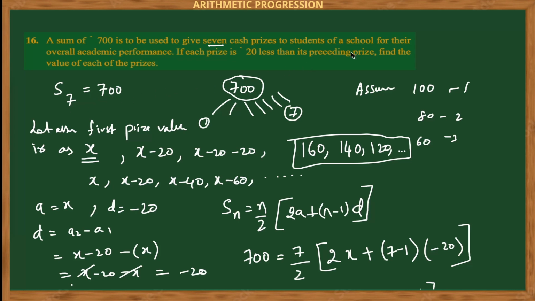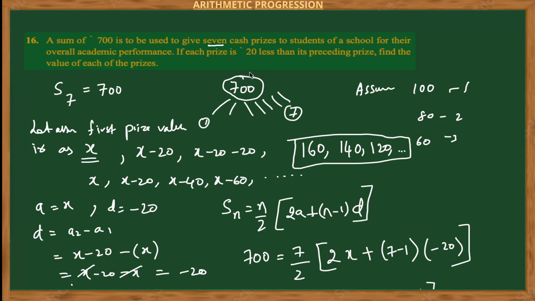Now how do you distribute? It's distributed in such a way that each subsequent prize is 20 less. So we assume the first value as x, then each next value is the previous one minus 20. So we found the difference as minus 20.